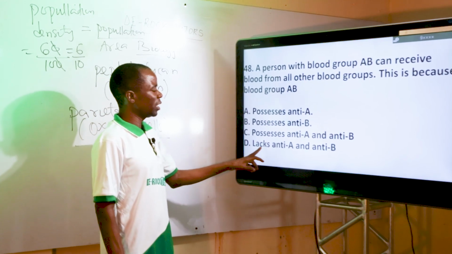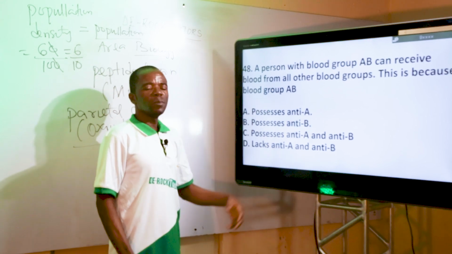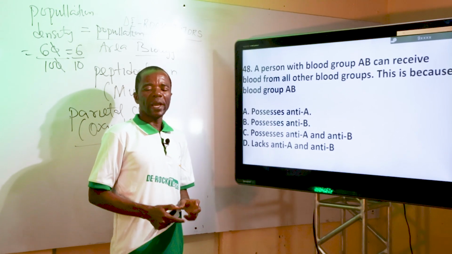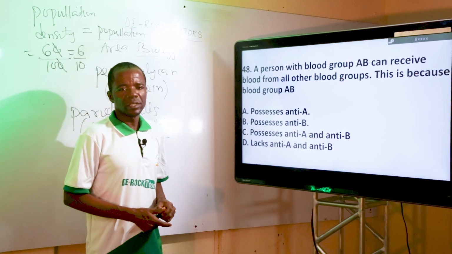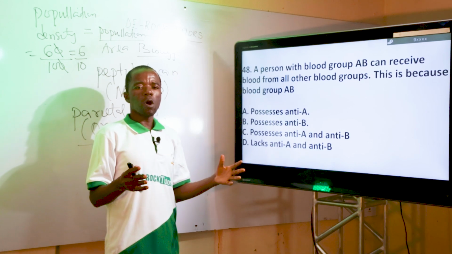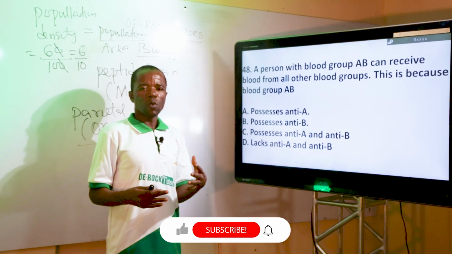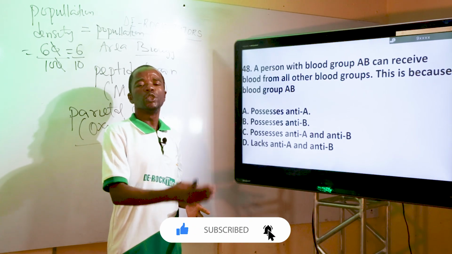Blood group AB lacks antibody A and antibody B, and because of that, it can receive blood from all other groups. Hence, blood group AB is often called the universal recipient. Don't forget, blood group O can donate blood to all other groups, and that is why blood group O is also sometimes called the universal donor.